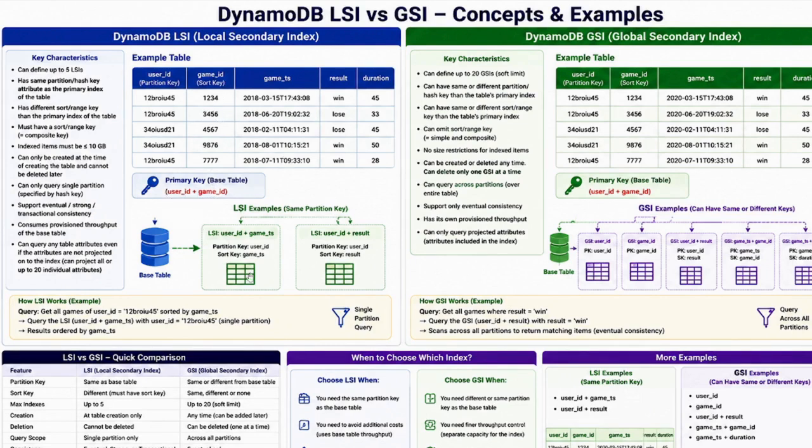So say in this case, I want to create index on GMTS. So my LSI would look like this: user ID plus GMTS. So your sort key is changing basically with local secondary index. So that's the achievement or the objective of this local secondary index.